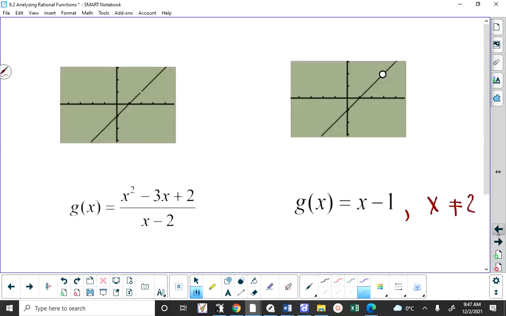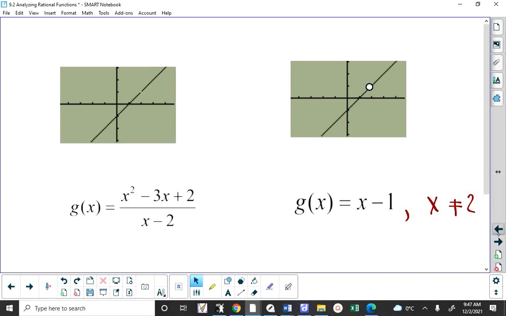Well, look at the graph. I guess I put my hole in the wrong place, didn't I? It's there. Is y defined everywhere? No. There's one place where it's not defined.